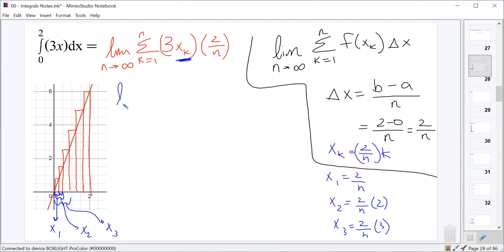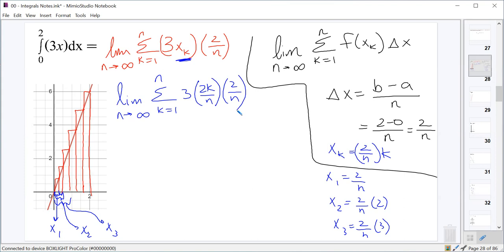So now what we've got here is a limit as n approaches infinity of a sum from k equals 1 to n of 3x sub k, and x sub k we just said was 2k over n. So we have 3 times 2k over n, and then we have 2 over n. And now all we have to do is evaluate this summation like we learned how to do a couple days ago.